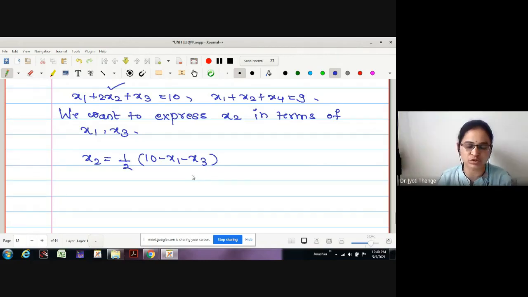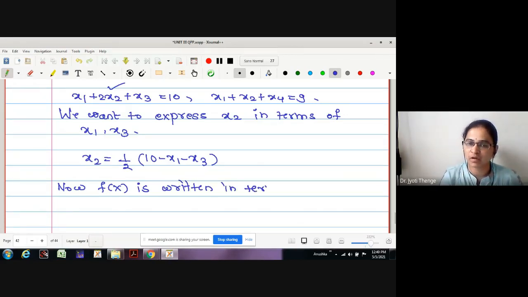Now the job is to substitute the value of x2 in the original objective function. Now f of x is written in terms of x1 and x3. Is that okay?